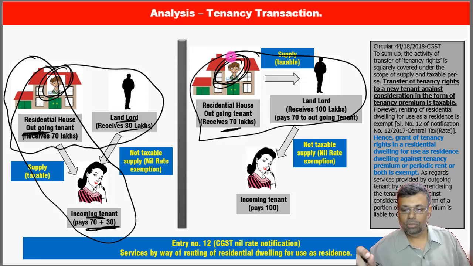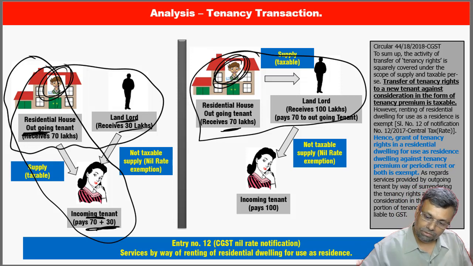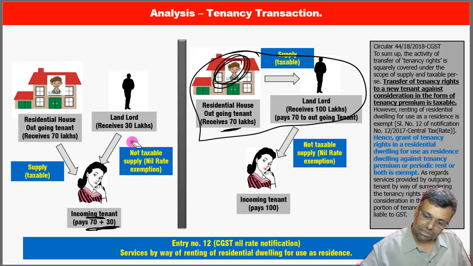In other words, whatever money the outgoing tenant receives for the purpose of surrendering his tenancy rights will amount to the supply of services, and accordingly it will be chargeable to the GST. So once again I repeat, as a matter of conclusion, friends, any transaction which is done with the outgoing tenant.